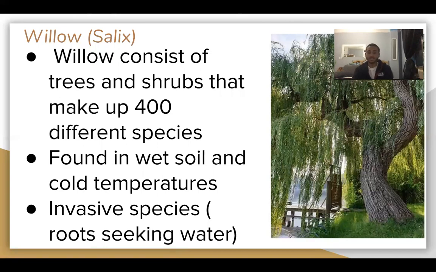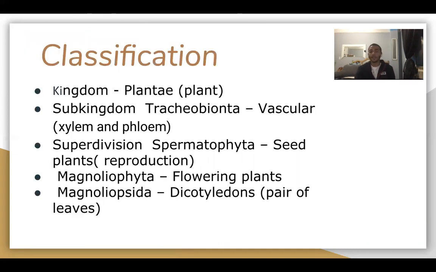They can be found in swamps, around swamps and lakes, or in anybody's backyard or where they are planted. These trees can cause many problems because their roots can grow out very long and they are considered an invasive species.